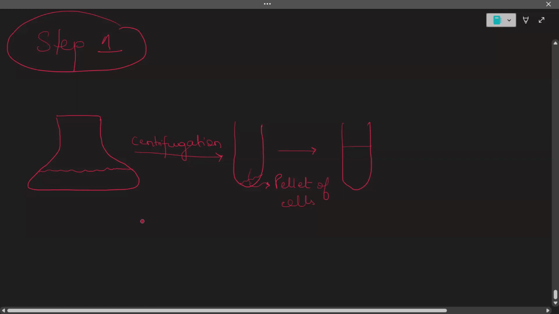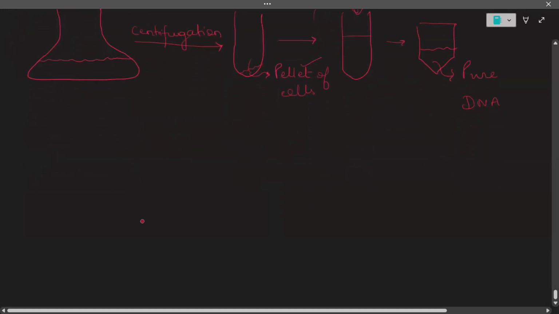Meaning you've taken out the pellet of cells from here and added it onto a next test tube. And then finally, after the whole process is done, you will have pure DNA in it. So how do we do this actually? I just showed you the whole thing with the help of a diagram.